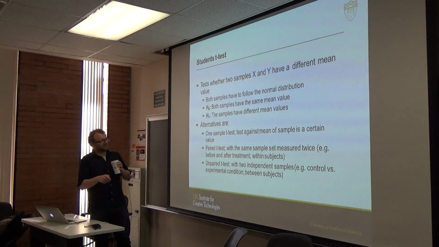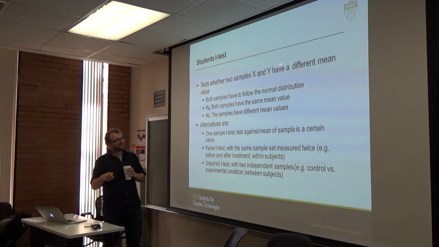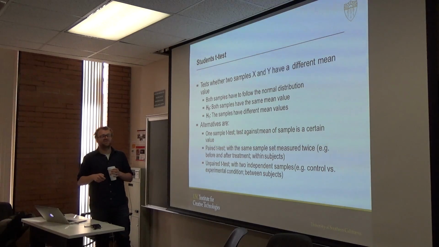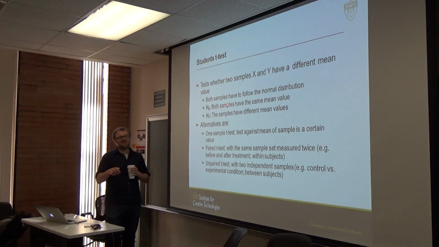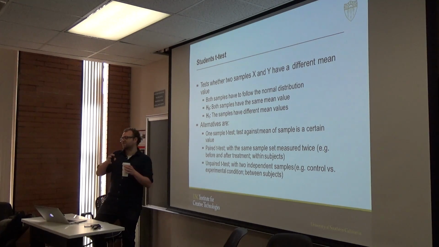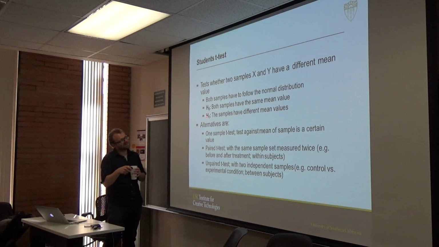So this is a typical t-test. I think most of you know that basically both samples have to be normally distributed, and what we want to do is measure if x and y have a different mean value, okay? Hypothesis 0 is that they both have the same mean value, and hypothesis 1 is they have a different mean value.